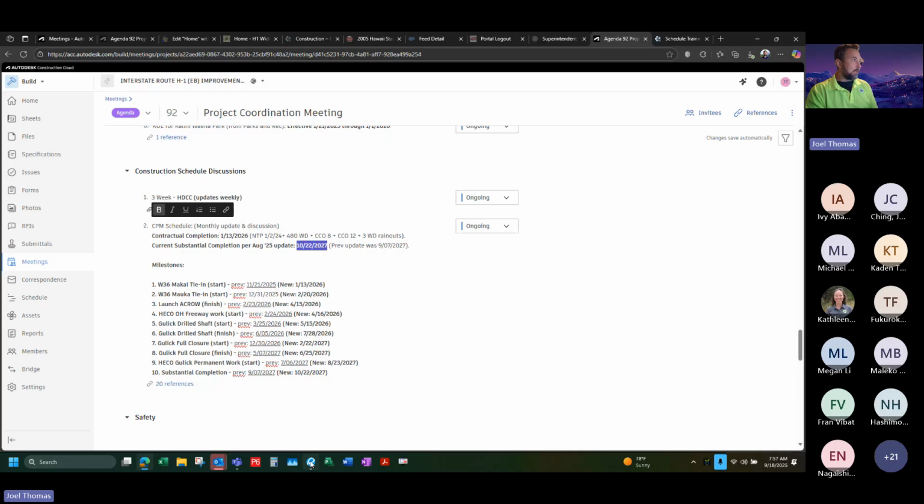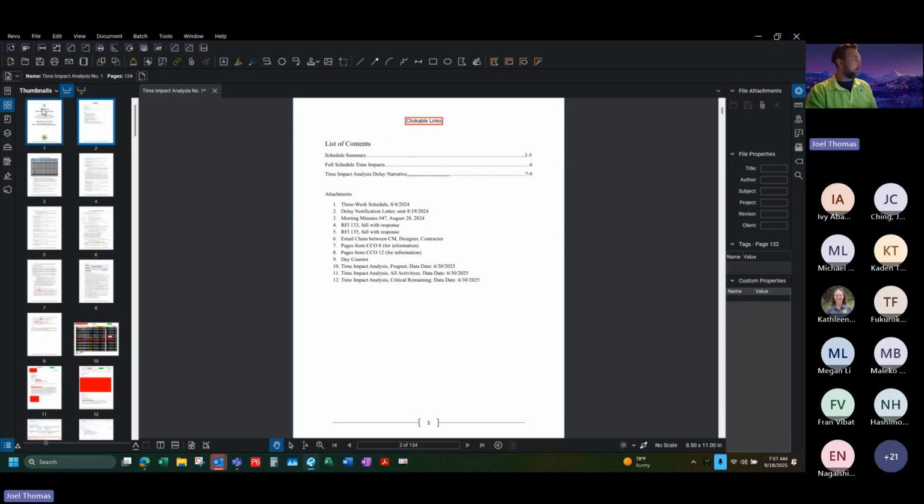And as I had mentioned, I was going to show you, I did work on a time impact analysis for this project. We had a roughly 1 year delay that we're trying to sort out right now, and it was due to some major redesign that we had to do to our water vault.